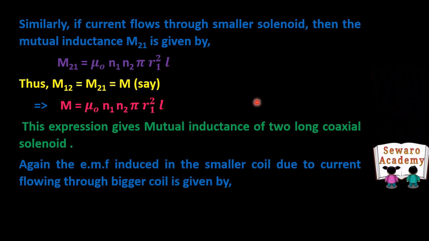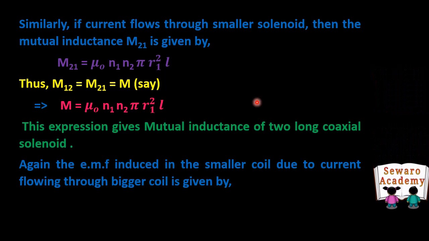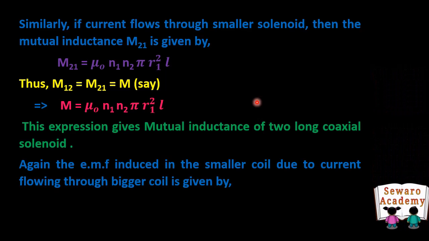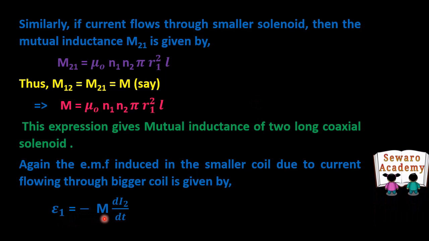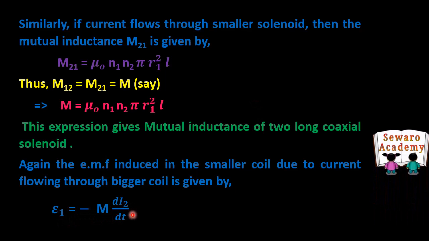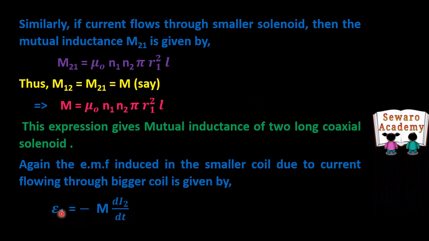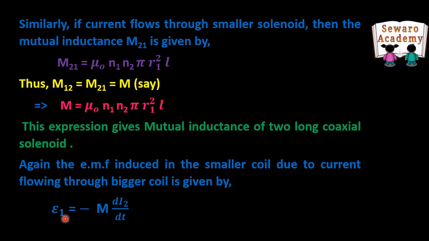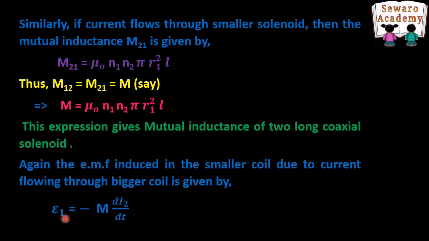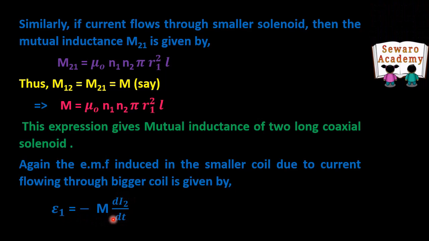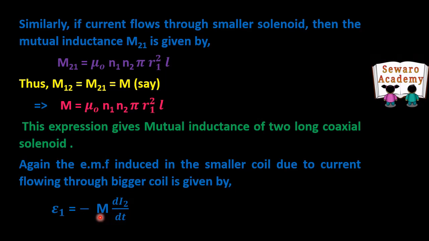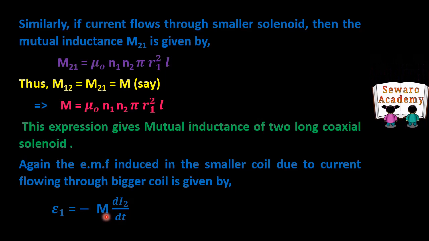Now again, the expression for the EMF induced in the smaller solenoid due to the current passing through the bigger solenoid is given by E1 equals to minus M into dI2 by dt. So this E1 is the EMF induced in the smaller coil due to the rate of change of current I2 in the outer coil, and this M is the mutual inductance.